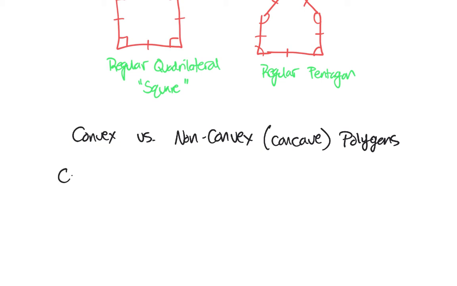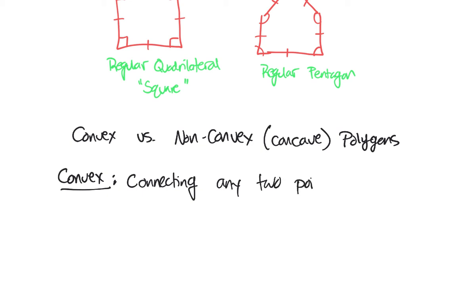So convex is the first word I want to go over. The word convex describes a polygon where any 2 points can be connected and the line segment stays on the inside. So it is a polygon where connecting any 2 points stays inside the polygon.